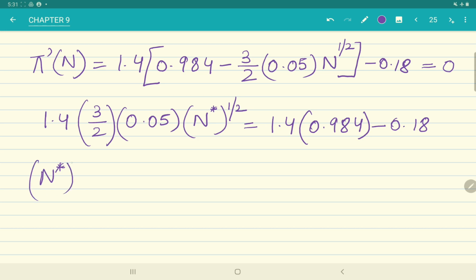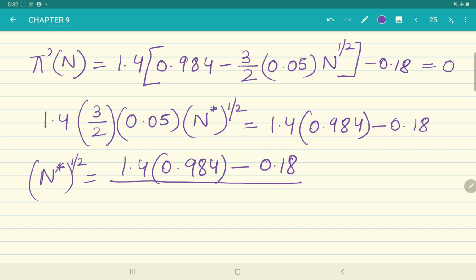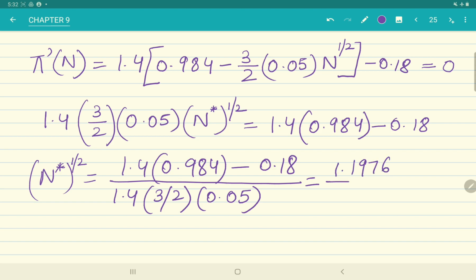Now I can calculate n star from here. In fact, n star raised to the power half is equal to 1.4 times 0.984 minus 0.18 divided by 1.4 times 3 by 2 times 0.05, and this is equal to 1.1976 by 0.105, which is approximately equal to 11.406.